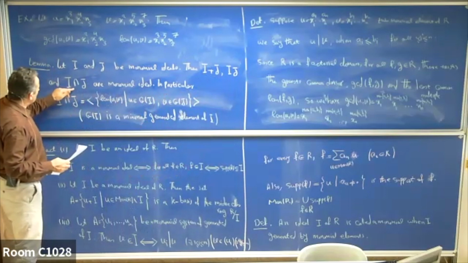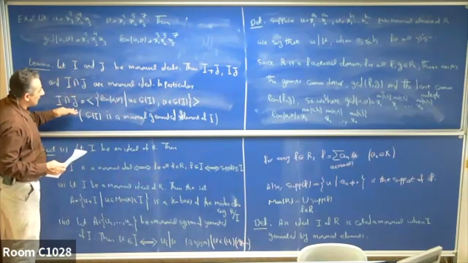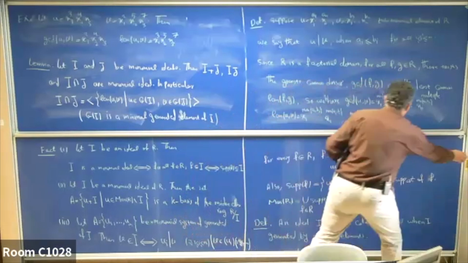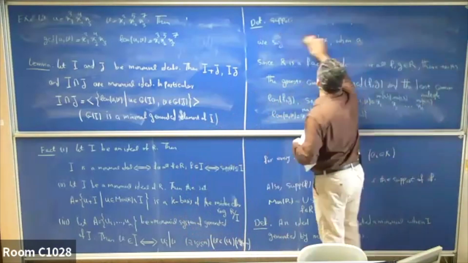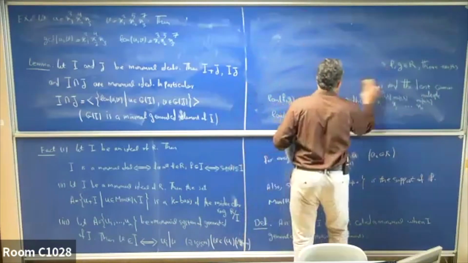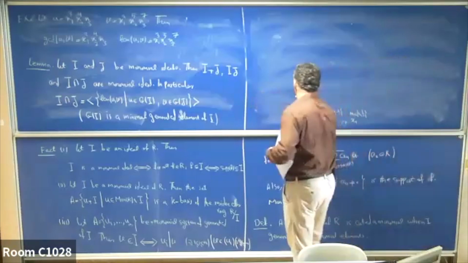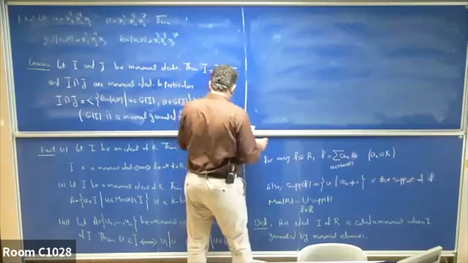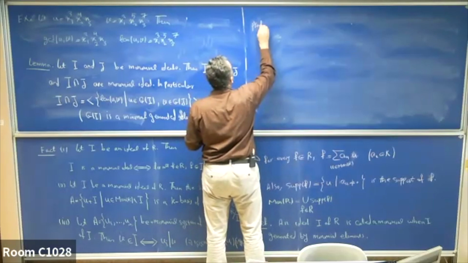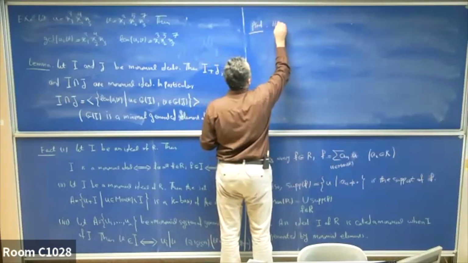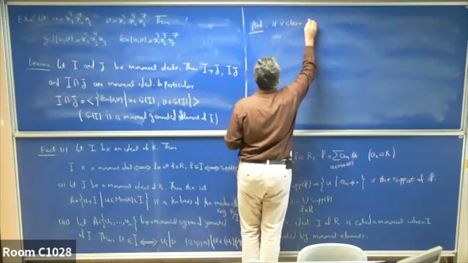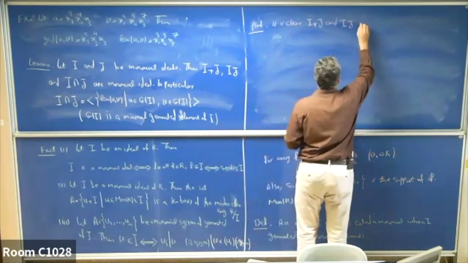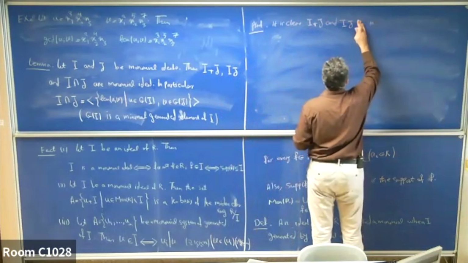This is easy but important. For the proof, it is clear that I plus J and I times J are monomial ideals.